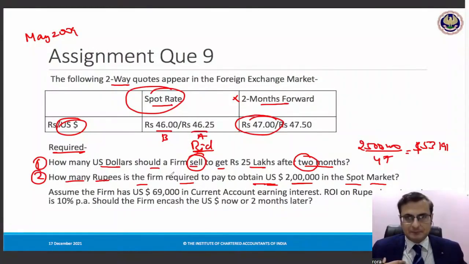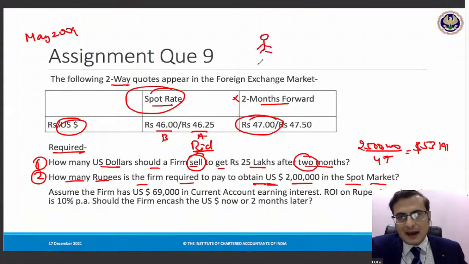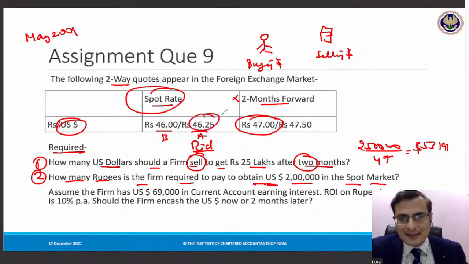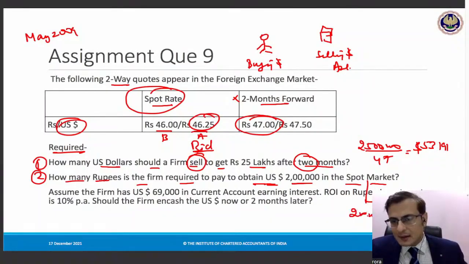So we are buying dollars and the bank is selling dollars, and they sell always at the ask. So the answer for this will be 2 lakh multiplied by 46.25.